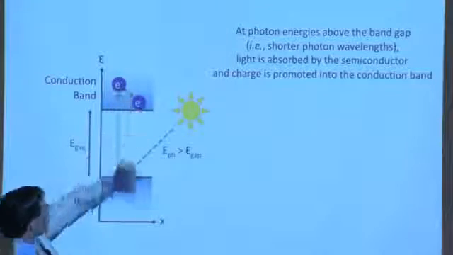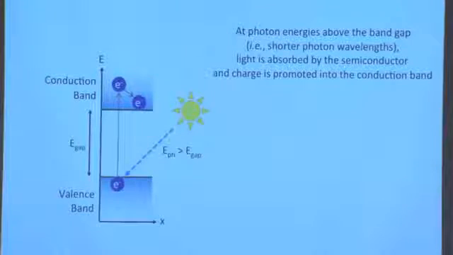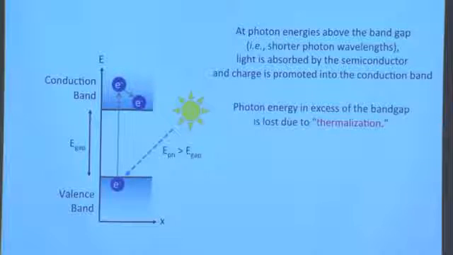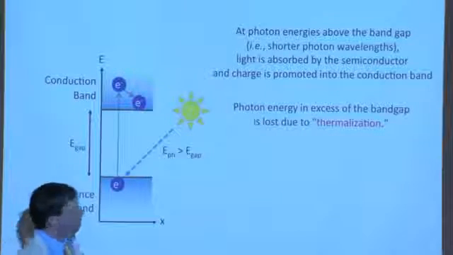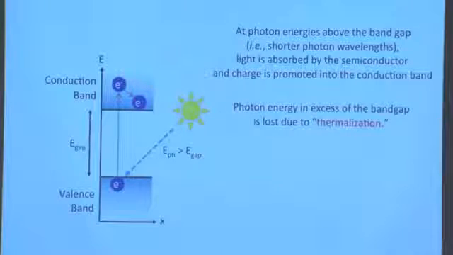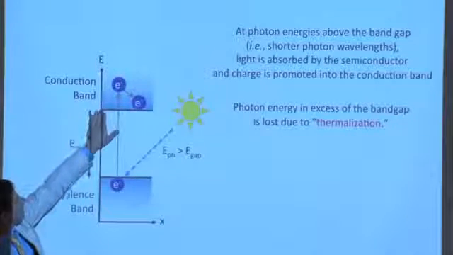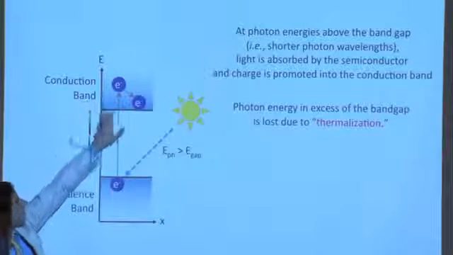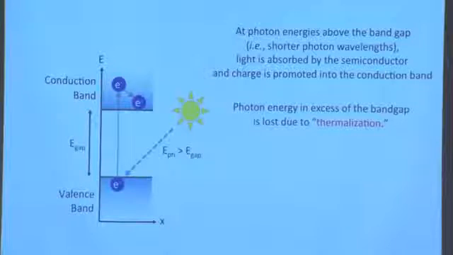This settling down is a process called thermalization. And it occurs because there are a series of states. The electron can very easily move between them by emitting phonons, or lattice vibrations, or heat. And very quickly, that electron will settle down into what is referred to as the conduction band minimum, the minimum energy level within the conduction band.